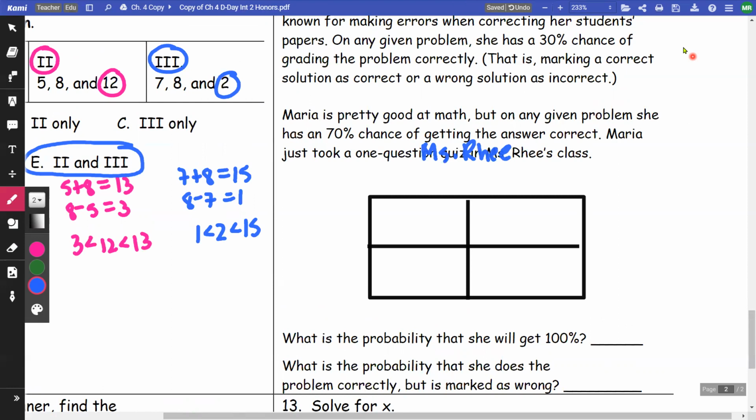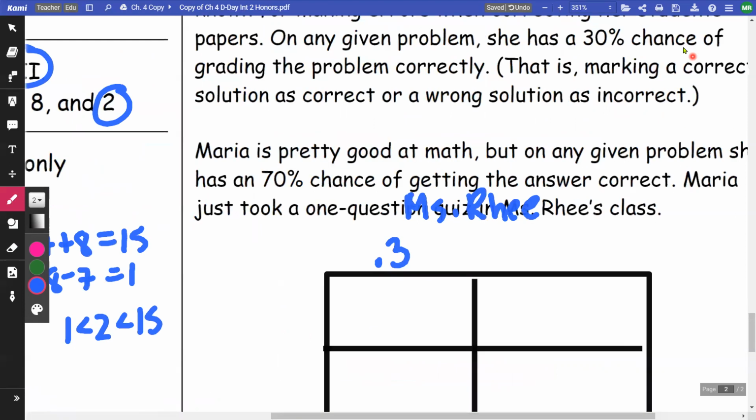And we are going to say here that she has a 30% chance of grading it correctly. So 0.3 chance of grading correctly. Let me just zoom in here, write this a little smaller. Grade properly. And that means that she has a 0.7 chance of grading improperly.